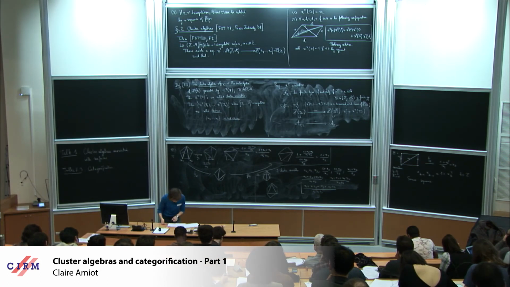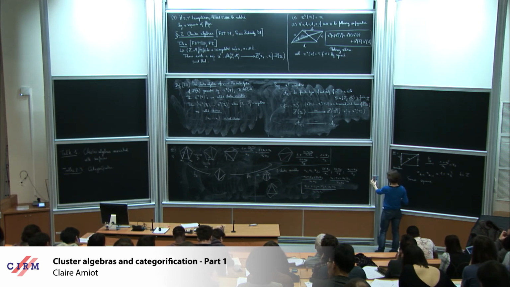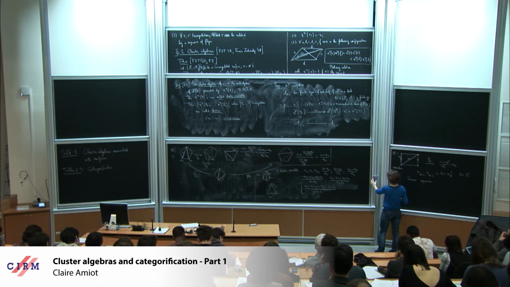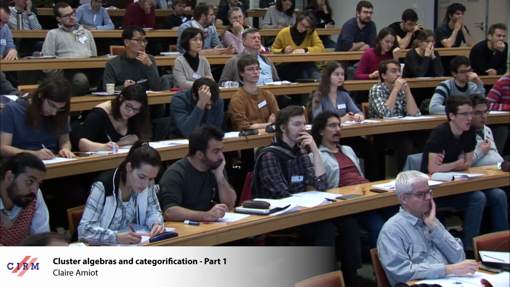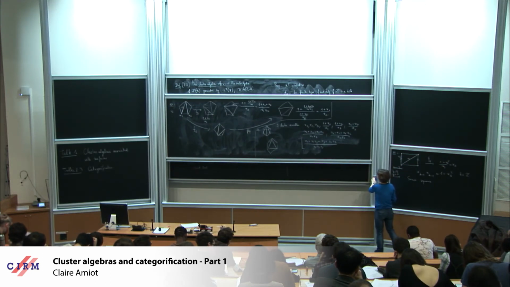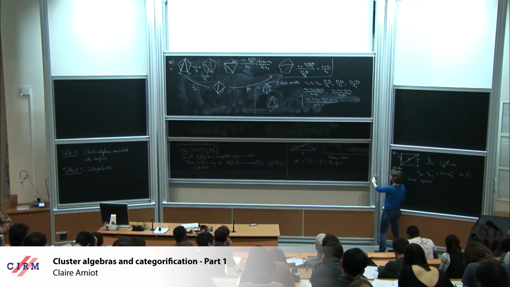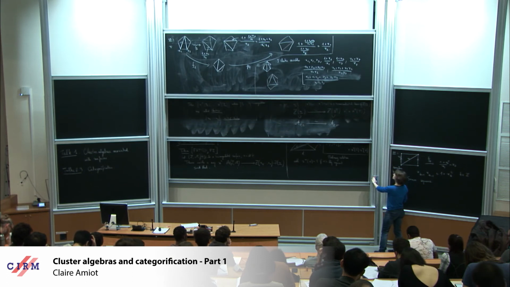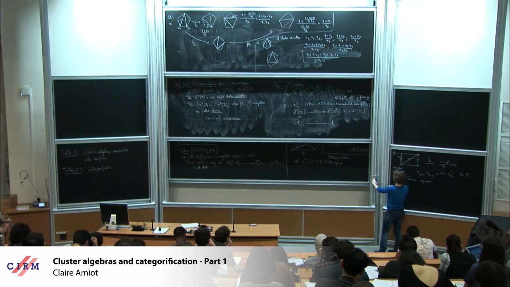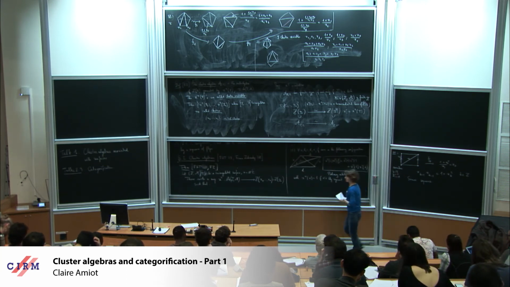Okay, so now I will just tell you different theorems, of course without any proof. The first theorem is exactly this Laurent phenomenon that you can see in this example, that always occurs, and it is a theorem due to Fomin and Zelevinsky in their first paper.